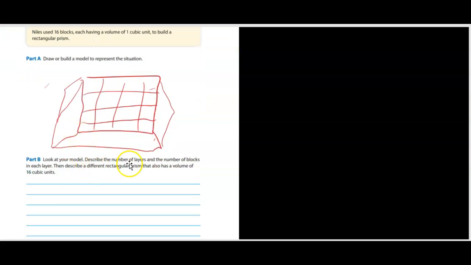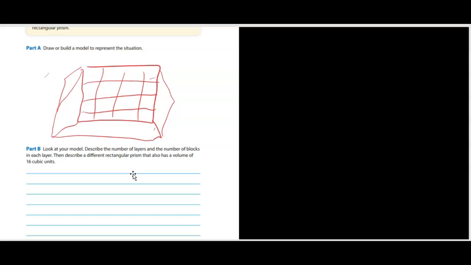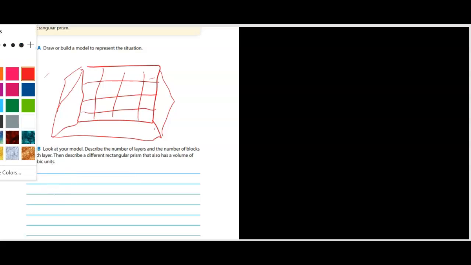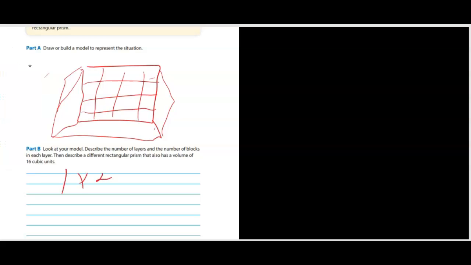Look at your model. Describe the number of layers and the number of blocks in each layer. Then describe a different rectangular prism that has the same volume. So there's more than one way to do it. I could do 1 by 4 by 4.